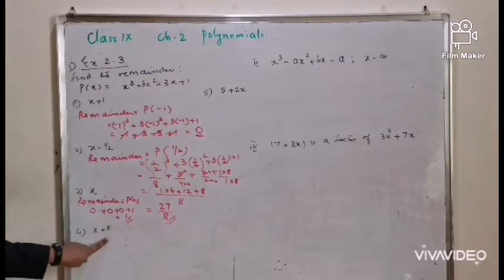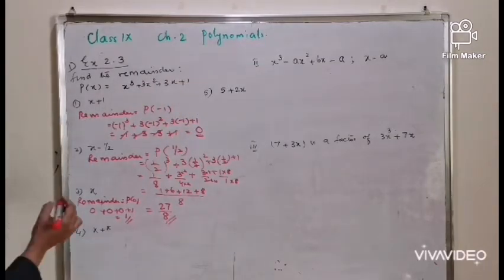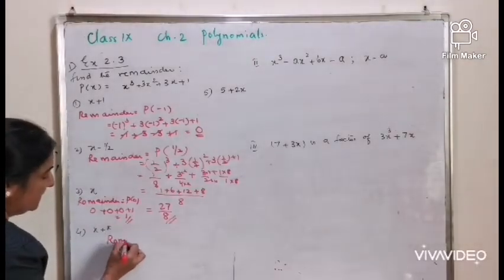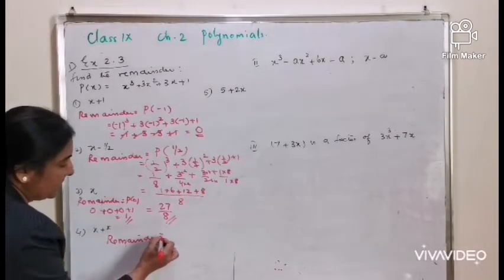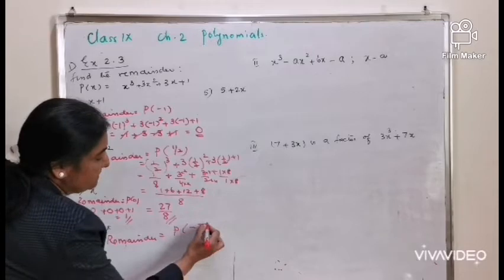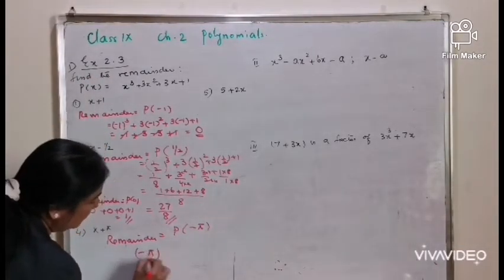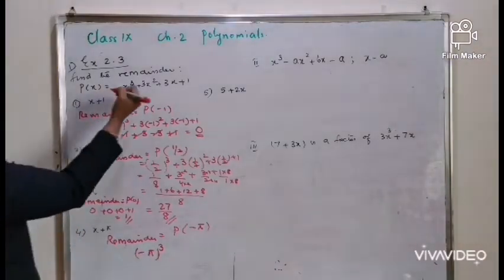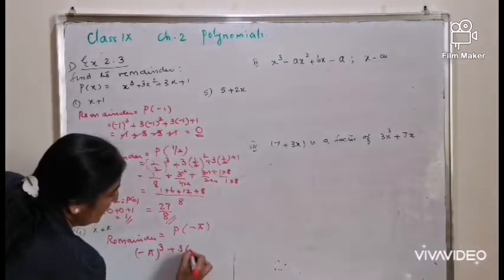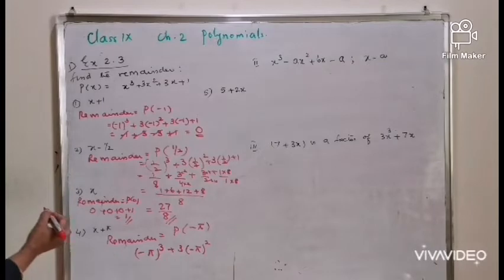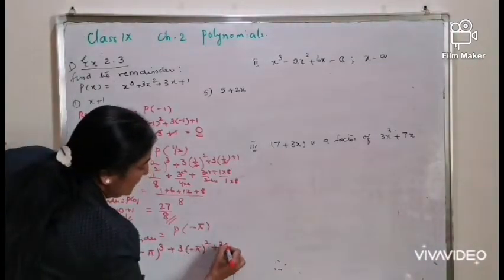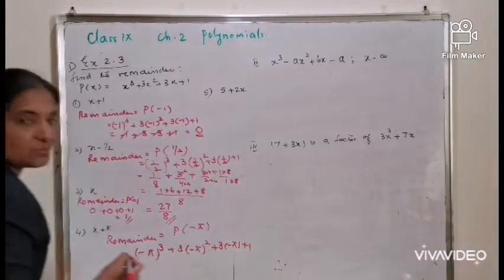With x plus pi, the method remains the same. Remainder is equal to p of minus pi. It is minus pi the whole cubed plus 3 into minus pi squared plus 3 into minus pi plus 1.